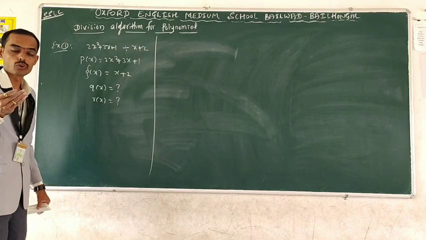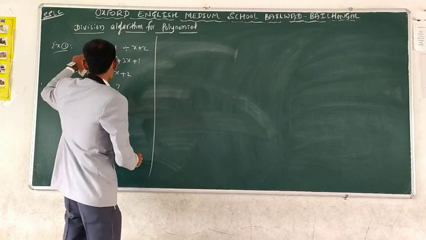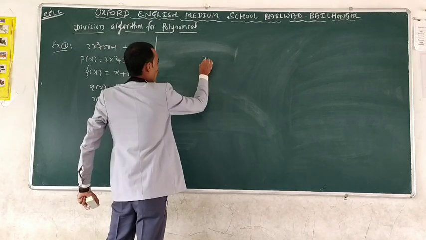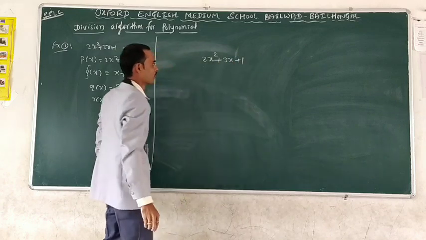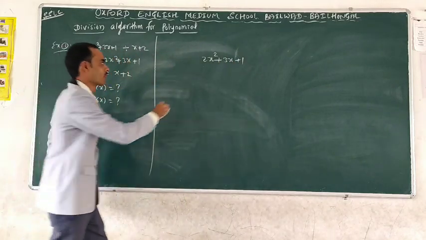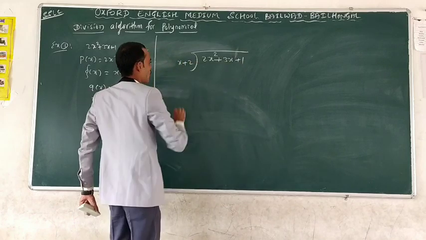There are mainly 2 to 3 very important steps. Let us see them one by one. First, p of x can be written as 2x square plus 3x plus 1 divided by x plus 2.